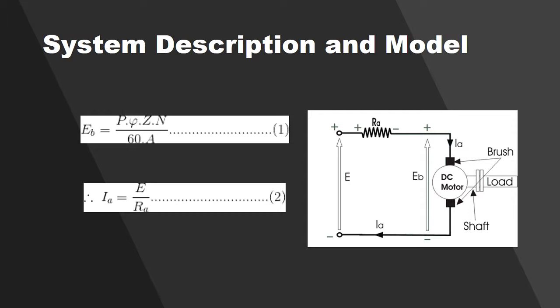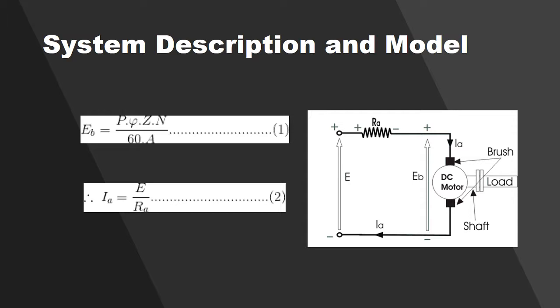As the armature conductors are carrying currents, an EMF voltage, EB, is generated. The generated EMF, EB, is directed opposite to the supplied voltage and is known as the back EMF as it opposes the forward voltage. Back EMF is represented in equation 1 here.